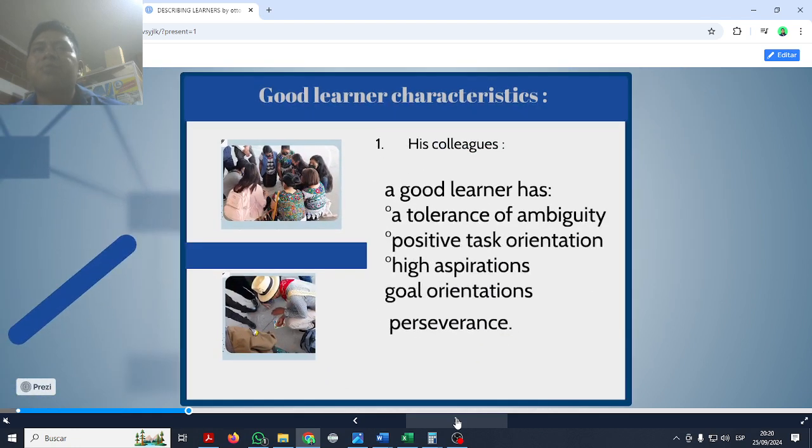Good learners. Some characteristics: a good learner has tolerance, is a positive student, has high aspiration and goal orientation. They are perseverant.